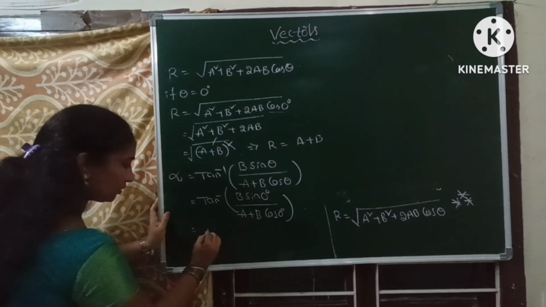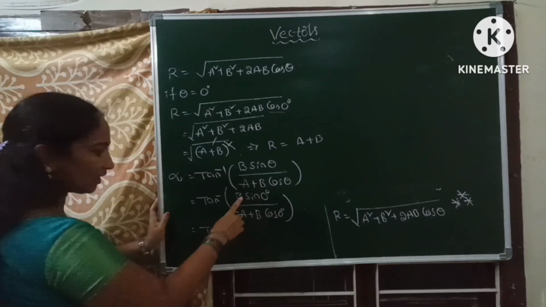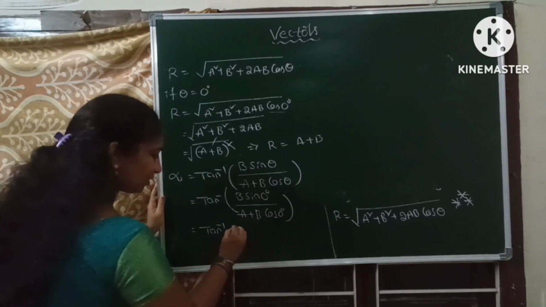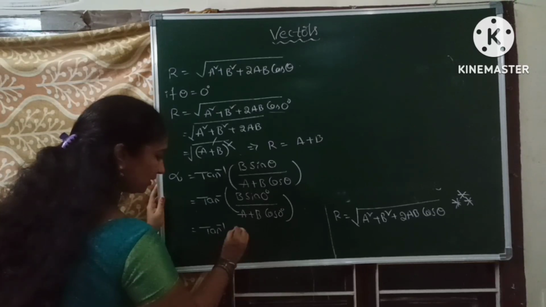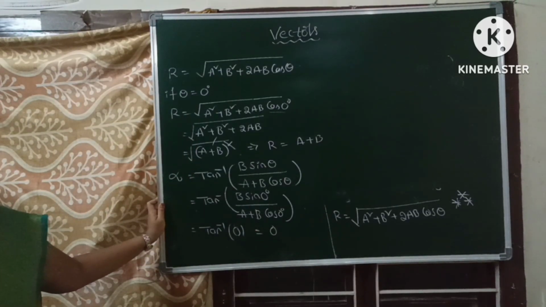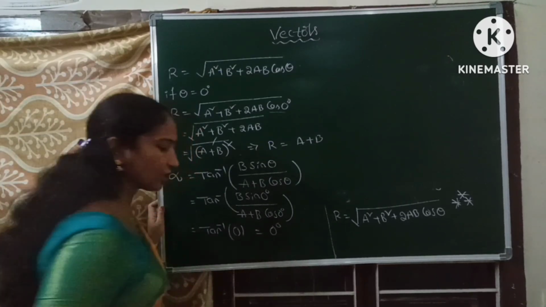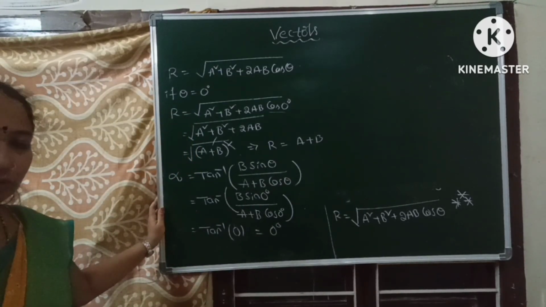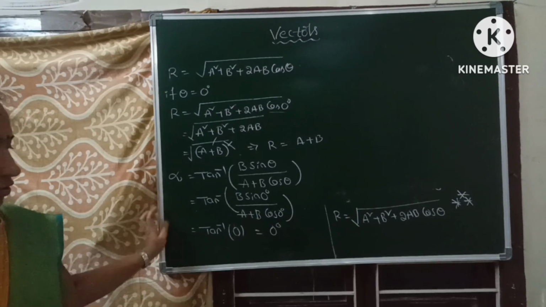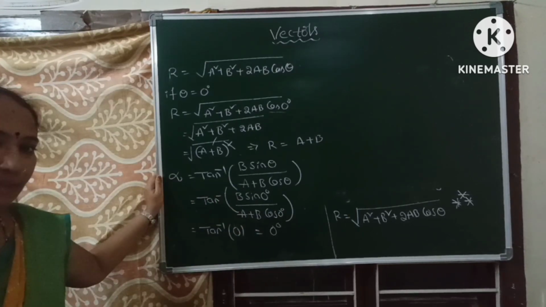Sin 0 value is 0, so the entire value is 0. Tan inverse 0 is 0. So alpha, the direction, is 0 degrees. There is no inclination here.